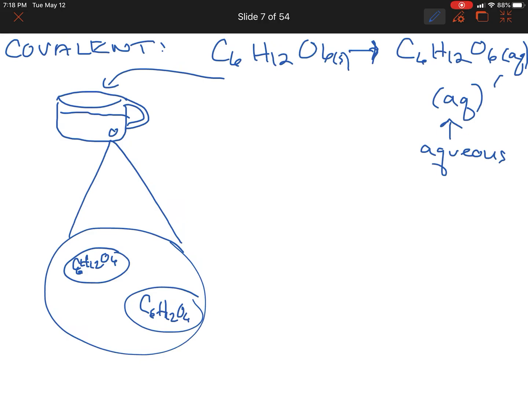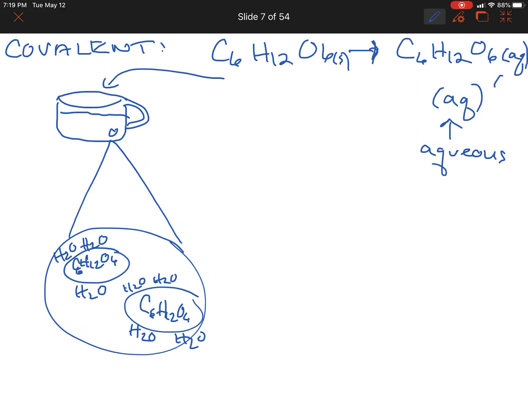So say you had a sugar cube or something. It's not going to stay in that form, obviously. All the different particles are going to separate from each other. And then the water will orient itself around, but because the charges of the sugar are not very strong, you don't need to worry about the charges. It'll just surround it.